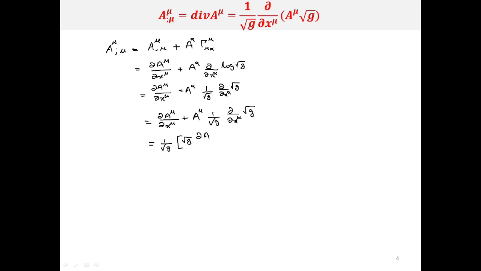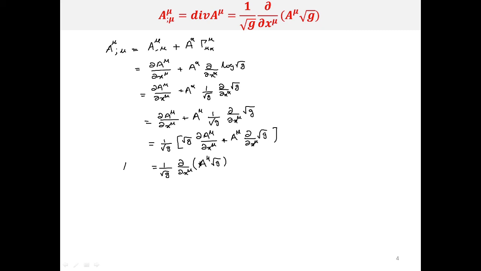Then you can write ∂A^μ by ∂x^μ plus, here you have A^μ and ∂ by ∂x^μ of root g. Now you just check this particular term. Actually this is root g into the derivative of A^μ, then A^μ into the derivative of root g, that is differentiation by parts. So you can write it as 1 by root g into ∂ by ∂x^μ of A^μ root g.